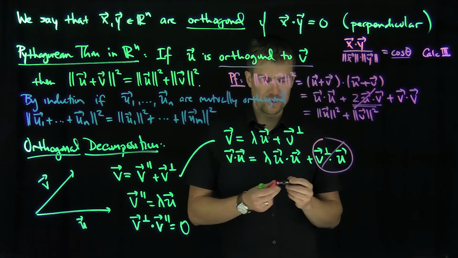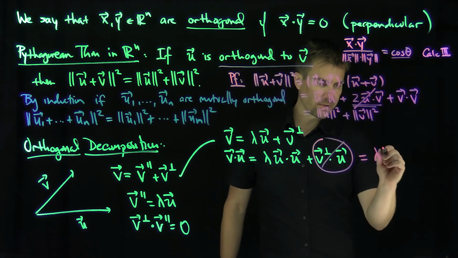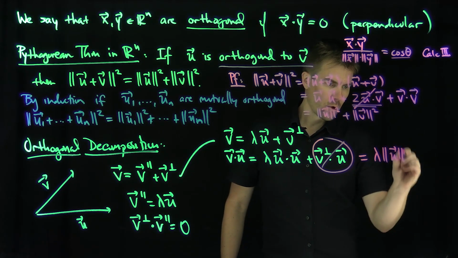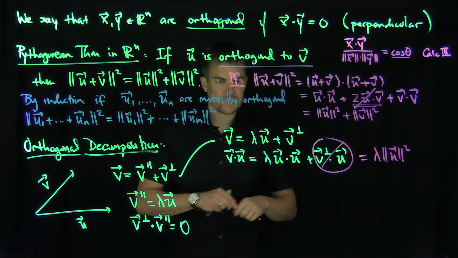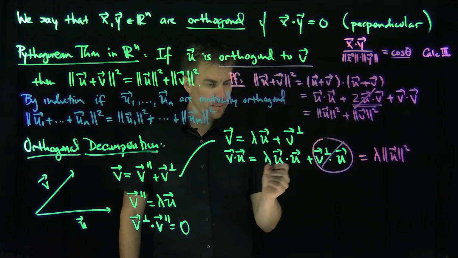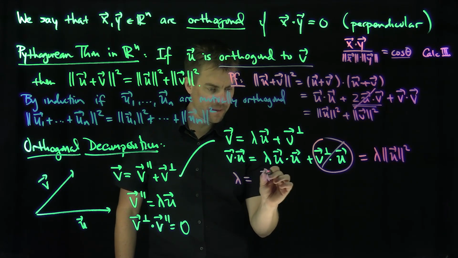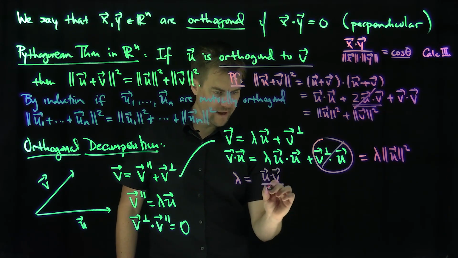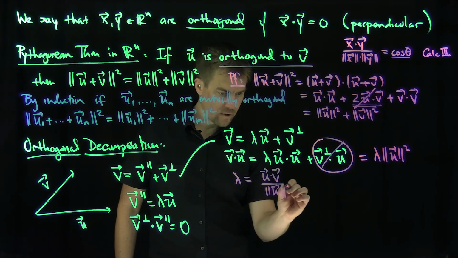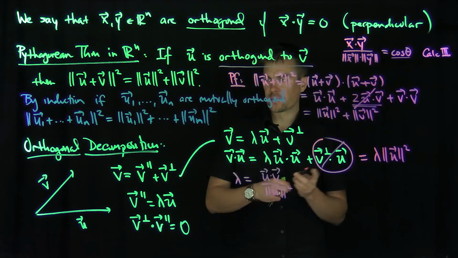So this is just lambda, the length of U, quantity squared. That tells us that lambda, therefore, is U dot V, by symmetry, over the length of U squared. And this gives us our orthogonal decomposition.